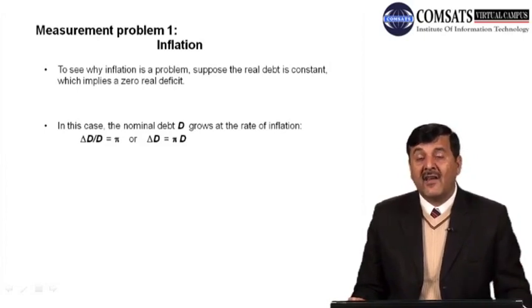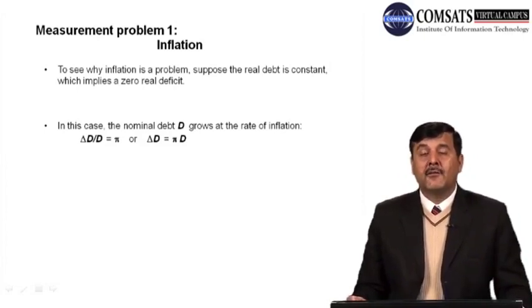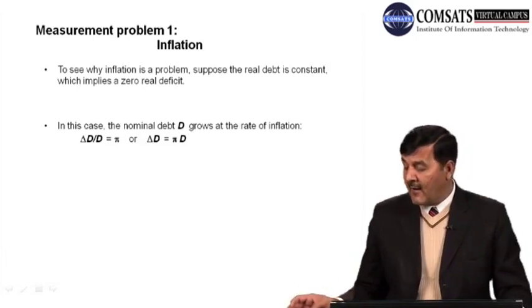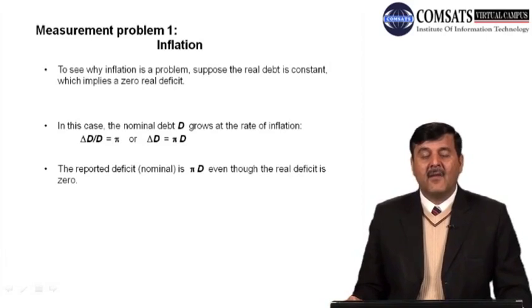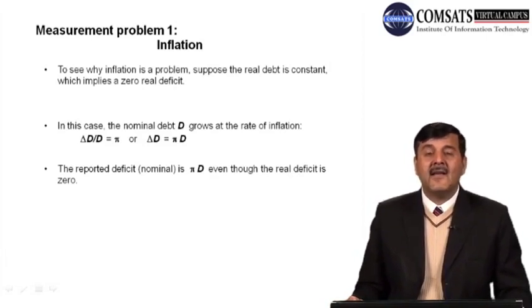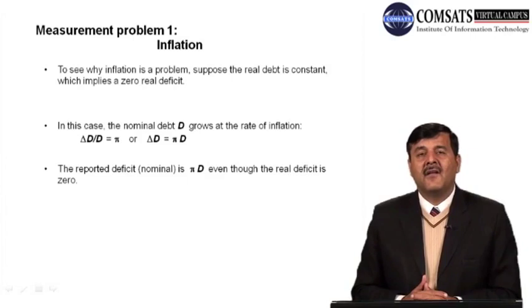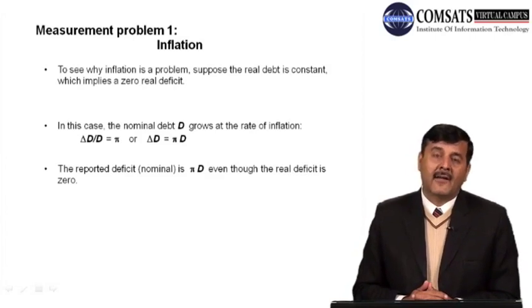So change in debt is proportional to the inflation rate, right? So the reported deficit, which is nominal, is pi D. So the deficit reported by the government is pi D, even though the real deficit is zero, right?